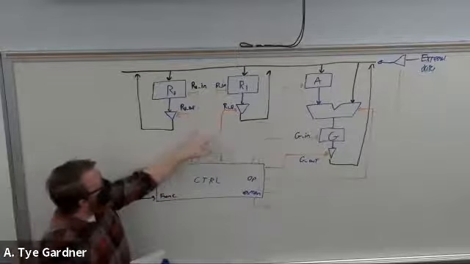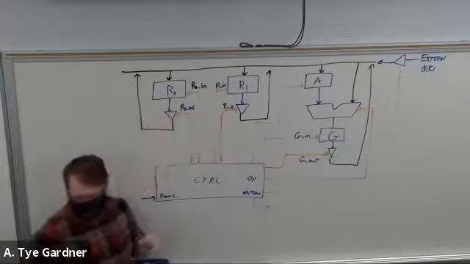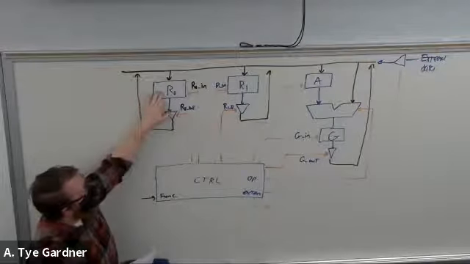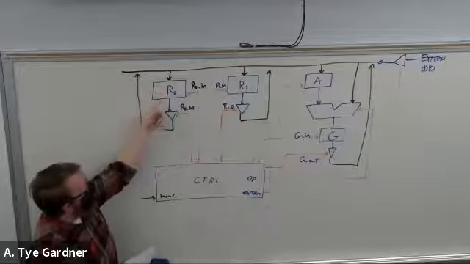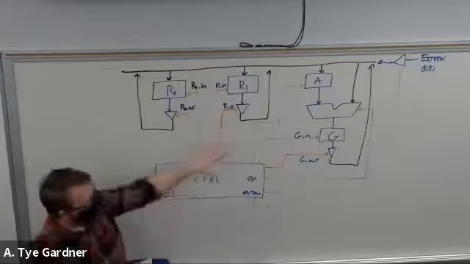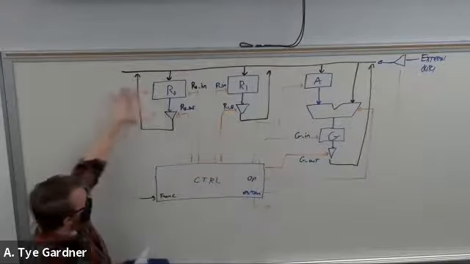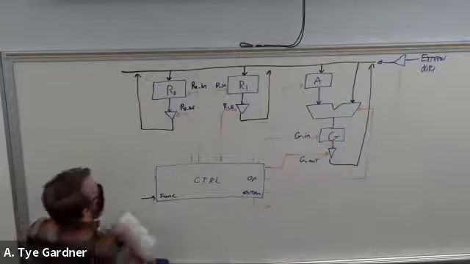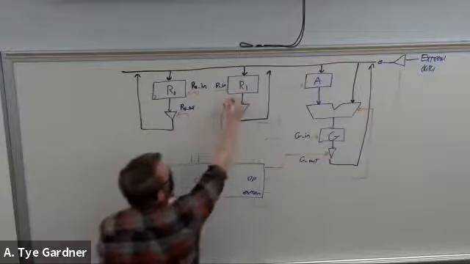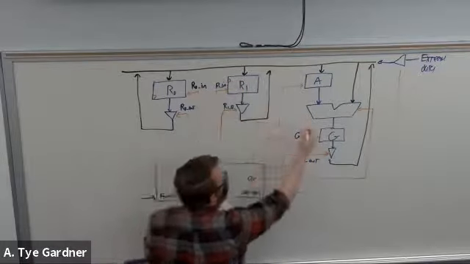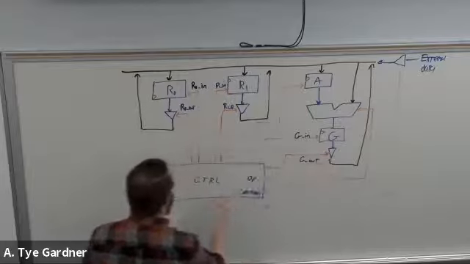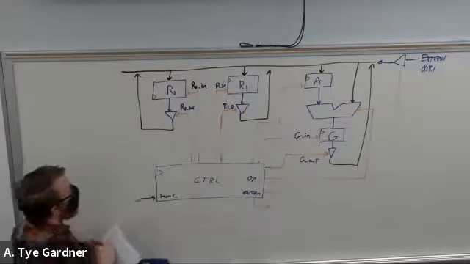So then it would go and assert R0 in. That would allow it to store 3 into R0. So we put a 3 in the external, it puts it onto the bus, and we assert R0 in. Now R0 is clocked, R1 is clocked, A is clocked, G is clocked, and control is clocked.